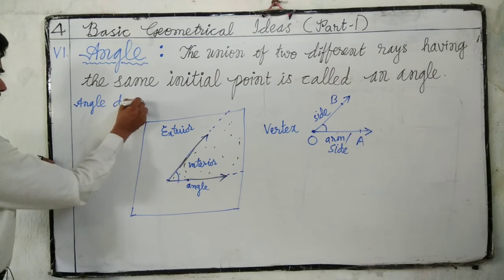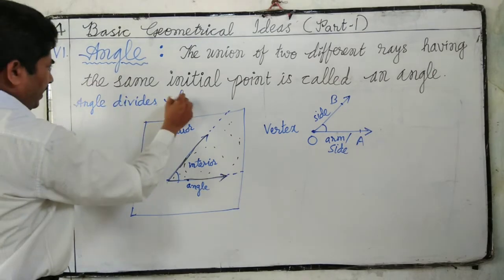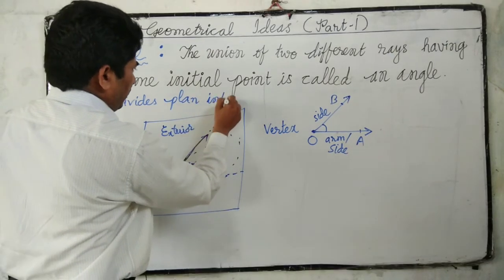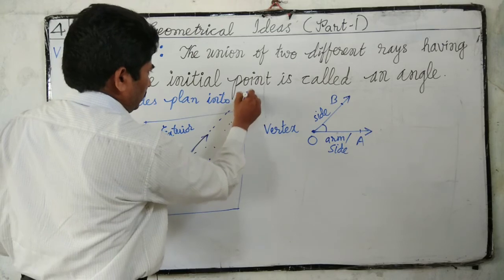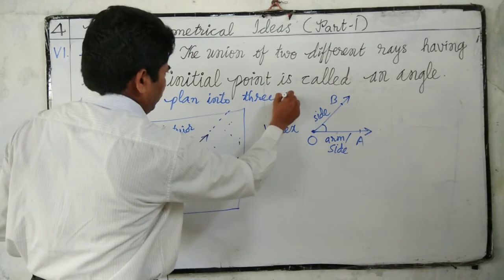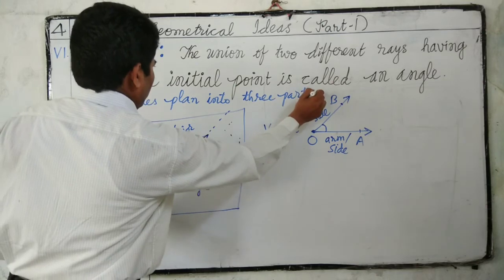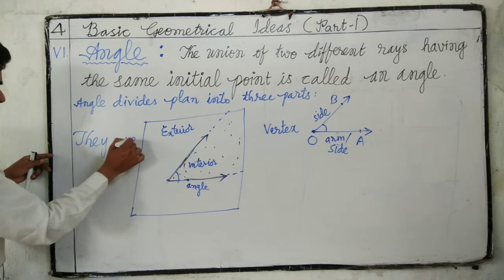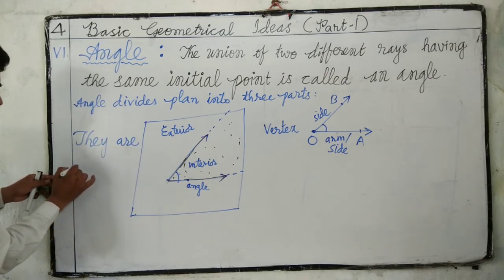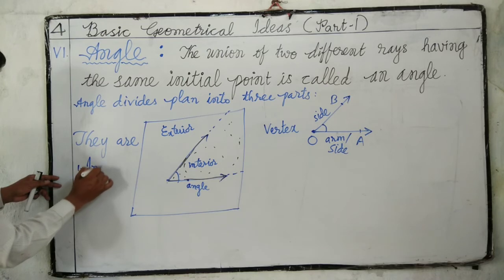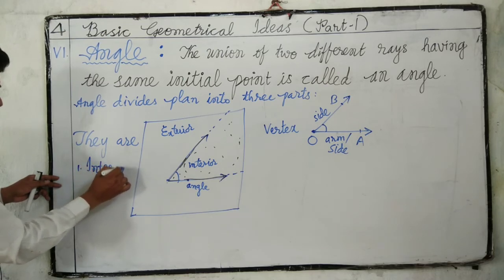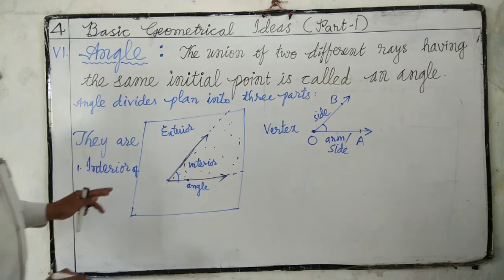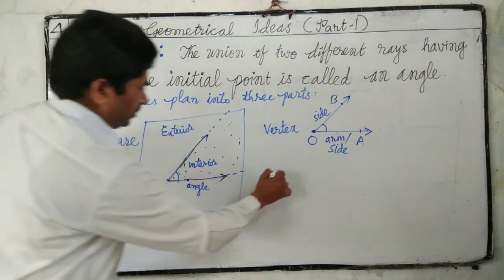Angle divides the plane into three parts. They are interior of the angle, on the angle, and exterior of the angle. We can show the angle using this symbol.